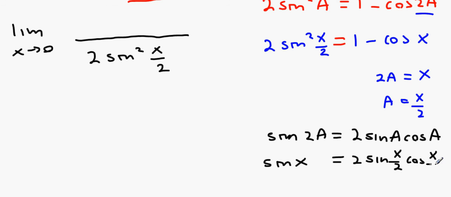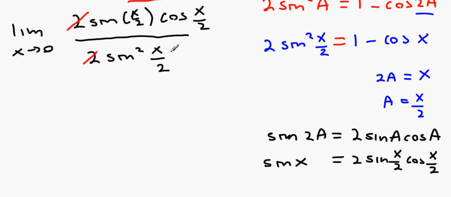Now all of a sudden we're starting to speak the same language, because the angles are the same, okay? So now we can start crossing out. The first thing you'll notice is that the 2's are going to cancel each other. This sine squared x over 2 is going to cancel one sine x over 2 up here.